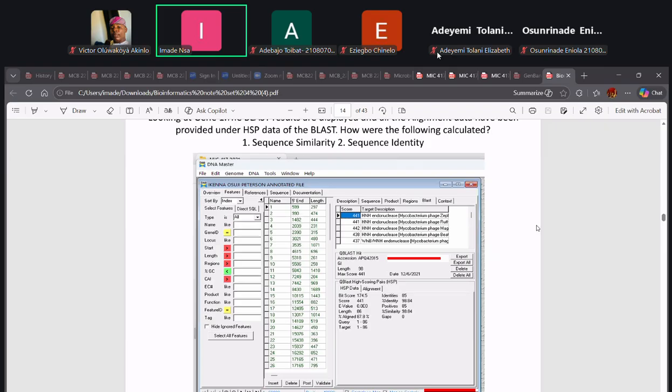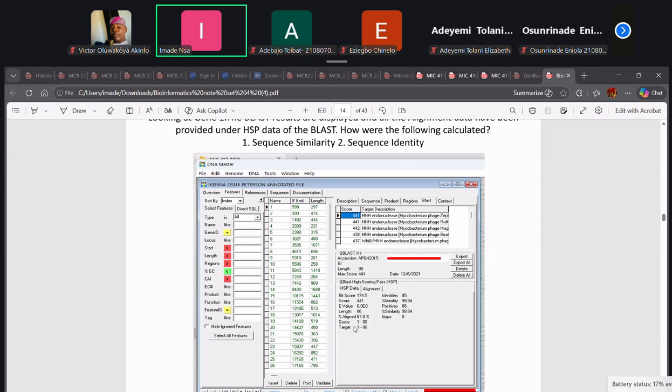Now, I want you to look down with me. It tells you length, it tells you maximum score, it tells you a bit score, it tells you an E value, it tells you the length, percent aligned, 87.8%. So when the two sequences matched up, it did not align 100%.